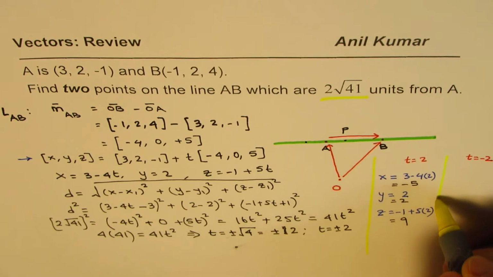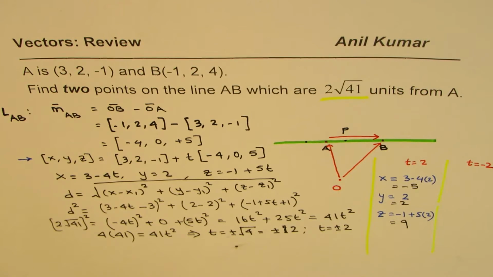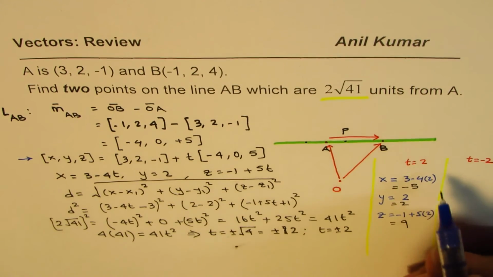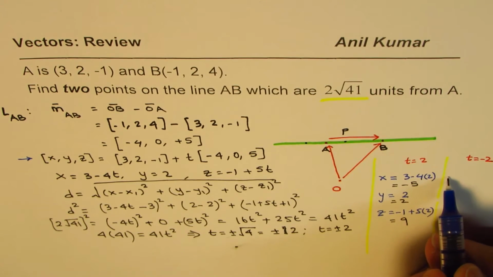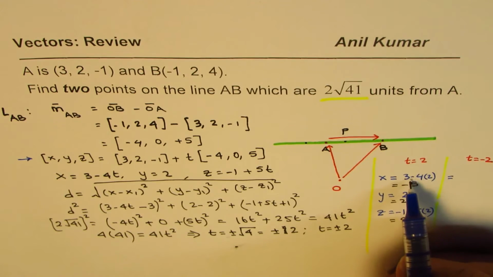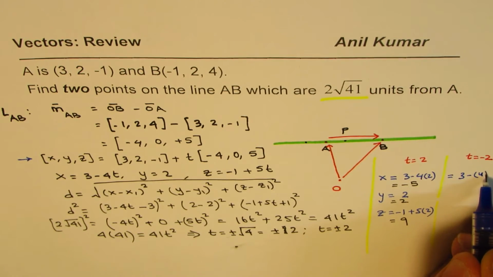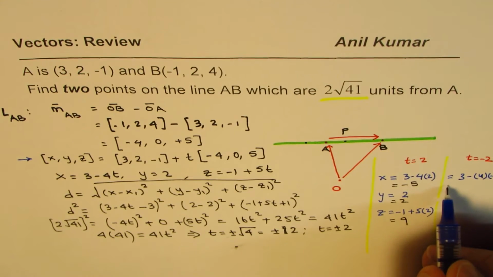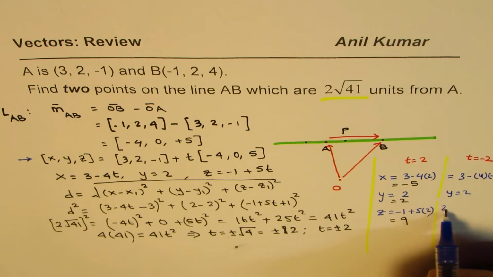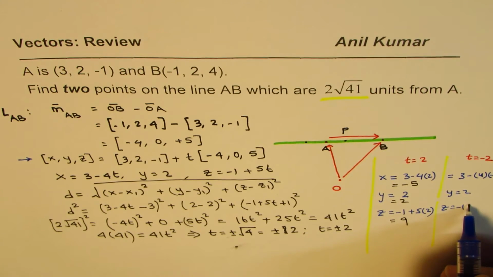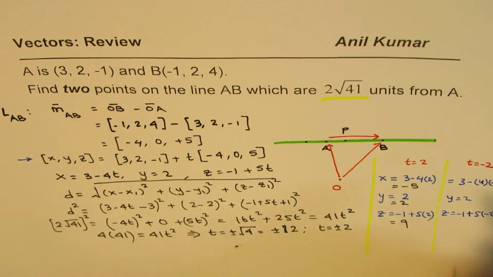For the other point, let us substitute t equals -2. We get x equals 3 minus 4 times -2, y equals 2, and z equals -1 plus 5 times -2. Let's calculate this.